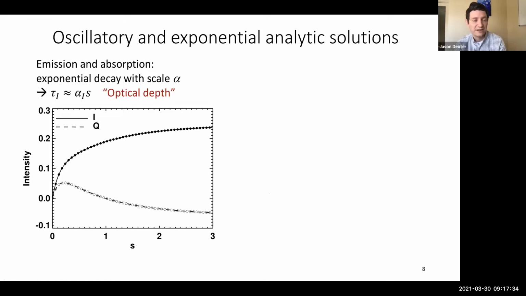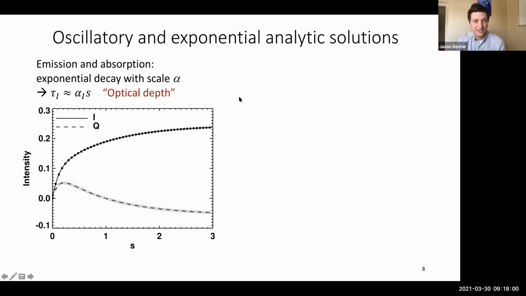Here we can define a characteristic scale over which we get an exponentially attenuated contribution to our intensity. For example, if you look at this curve, it's flattening out. This just means that we're getting to a region of higher optical depth, where even though we're continuing to emit, we're no longer adding to our intensity. And we can determine that scale related to the path length times the absorption coefficient. And this is what's called the optical depth.